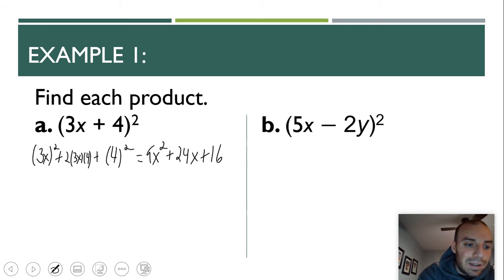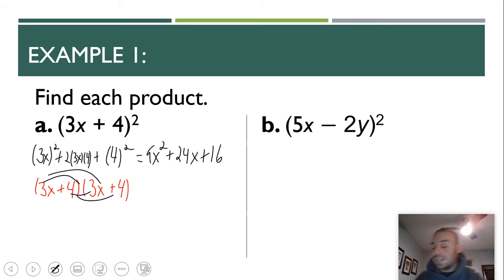Do I think you need to do it that way? No, I don't think so. I think you can go about doing it in the way that we've been doing it. 3x plus 4 squared is the same thing as 3x plus 4 times 3x plus 4. Then we can distribute. Use your FOIL technique or the box method if you want. 3x times 3x is 9x squared.